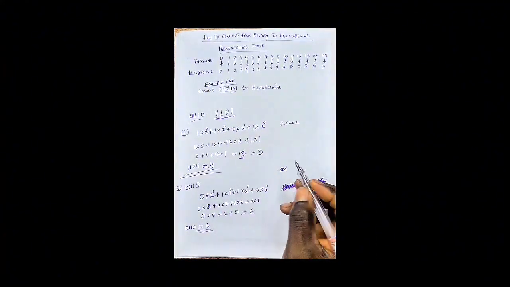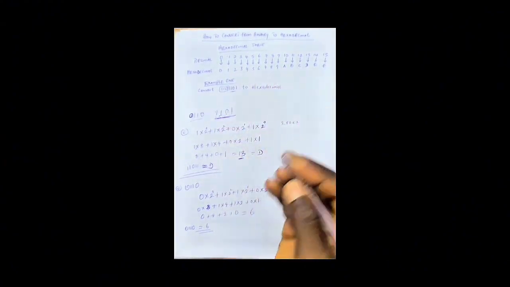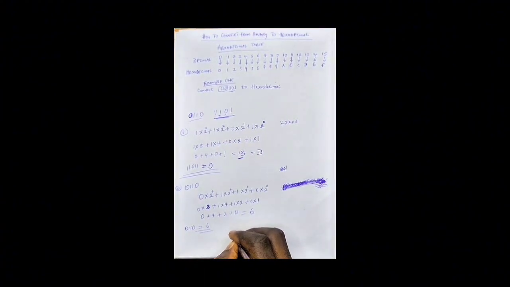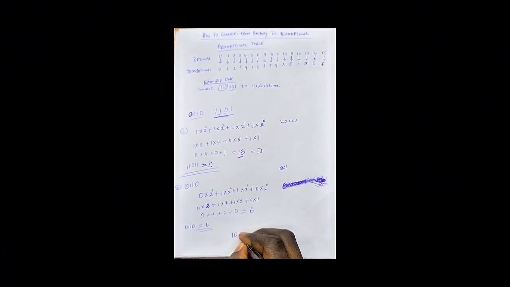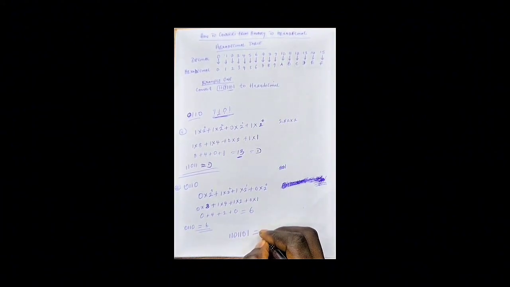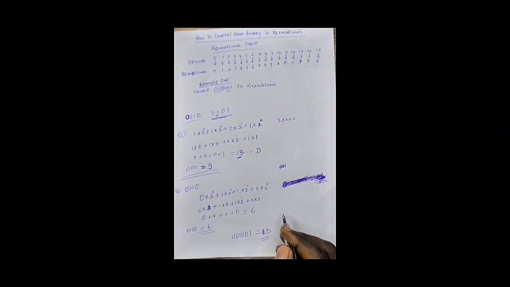So in essence, our conversion of 1101101 to hexadecimal is 6D. That is our answer, 6D.